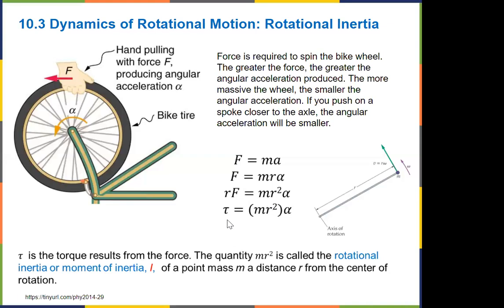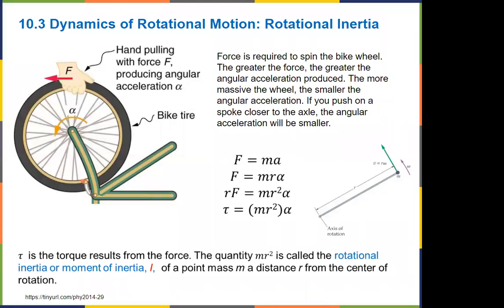Torque is the analog of force in rotational motion, and alpha is the angular acceleration compared to the linear acceleration. So comparing this with Newton's second law in linear motion, this quantity is the analog in rotational motion to mass in linear motion.